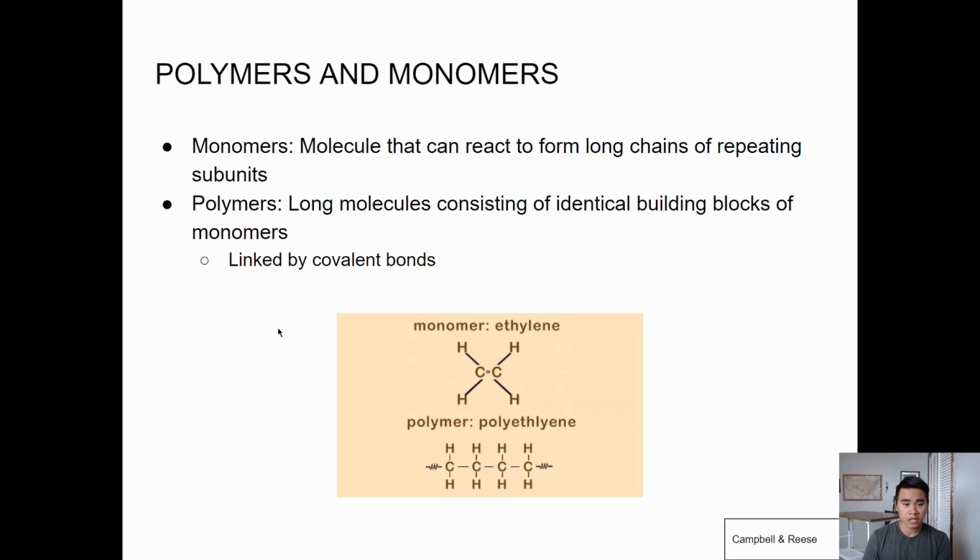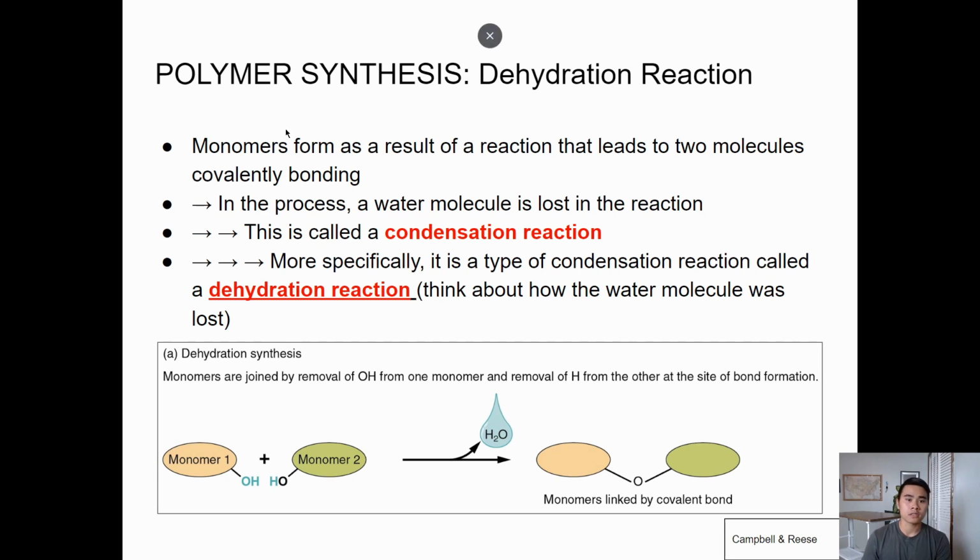And they are linked by covalent bonds, but each of the covalent bonds have different names. So I do want you to know the different names of each macromolecule and of the bond specifically. But they all are covalent. Okay, so the way that they are formed is through a reaction called a dehydration reaction.